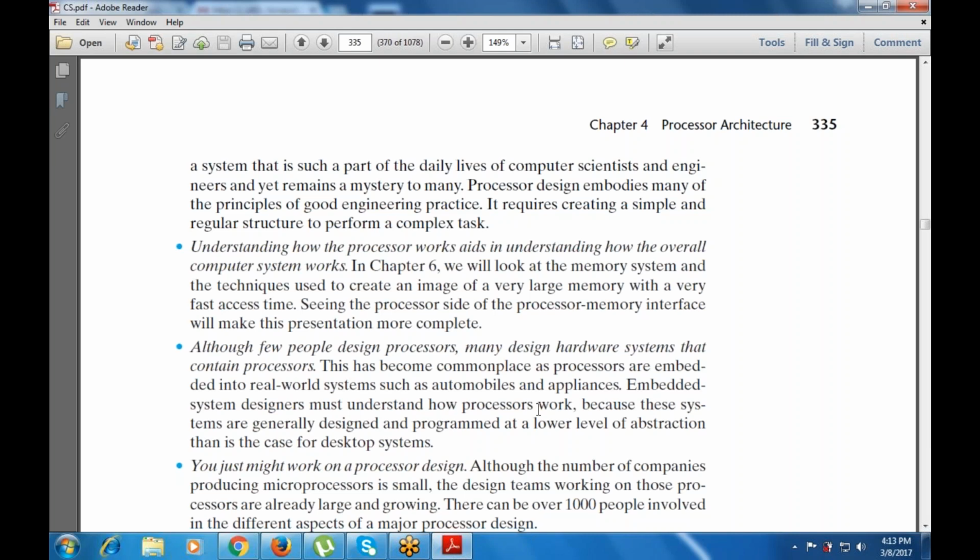Processor design embodies many principles of good engineering practice, such as creating a simple and regular structure to perform a complex task.